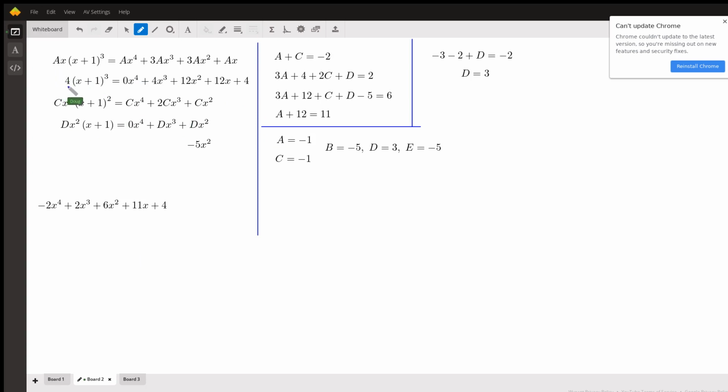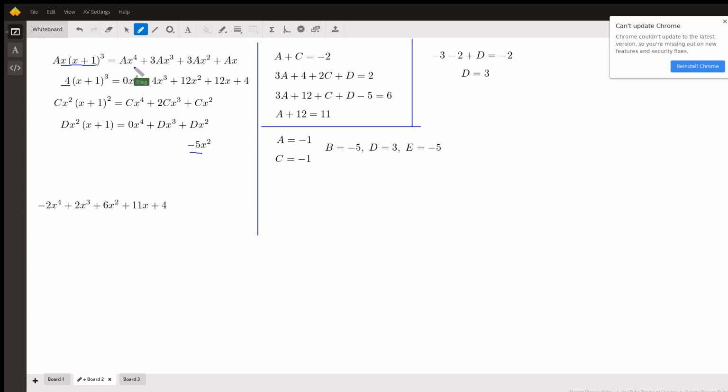Here's b, here's e. So ax times x plus 1, the quantity cubed. Now we want to equate coefficients. So we're going to have to expand this. X plus 1, the quantity cubed, is x cubed plus 3x squared plus 3x plus 1. I'll leave that to you.